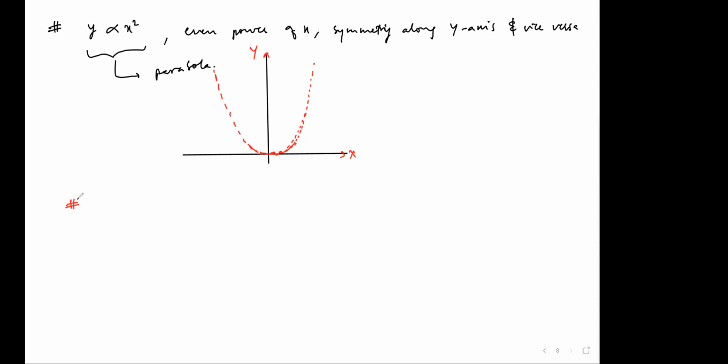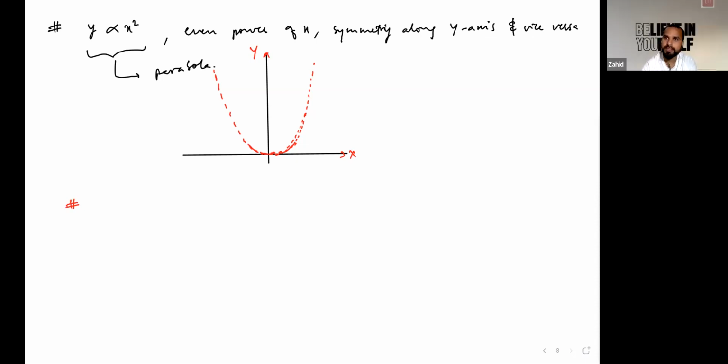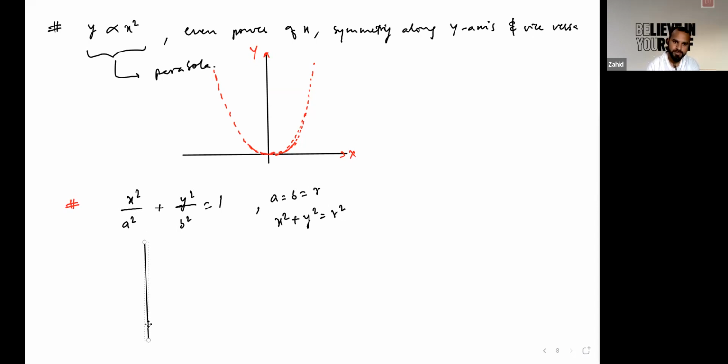Now, if there is an even power on both coordinates, let's say x square and y square both, we have x square over a square plus y square over b square equals 1, or if a equals b equals r, it will be x square plus y square equals r square. This equation is for an ellipse.